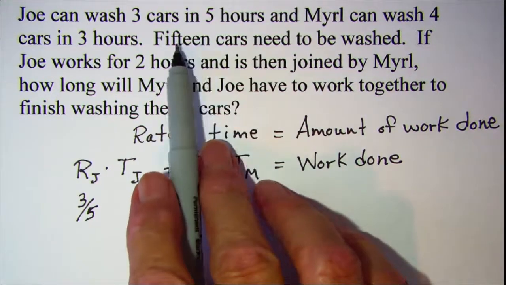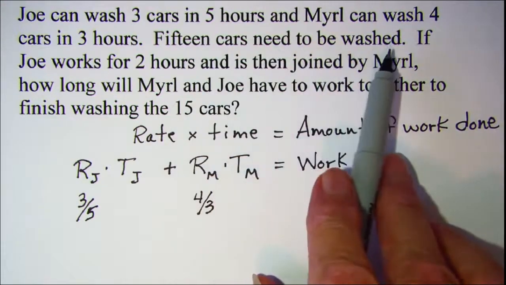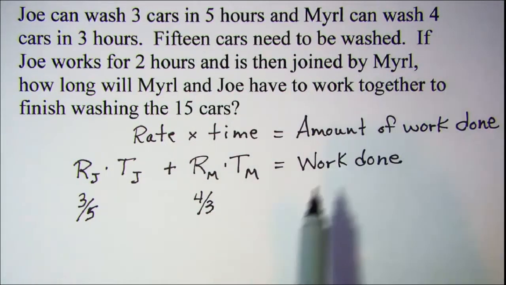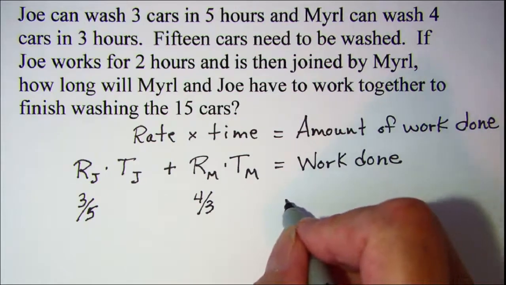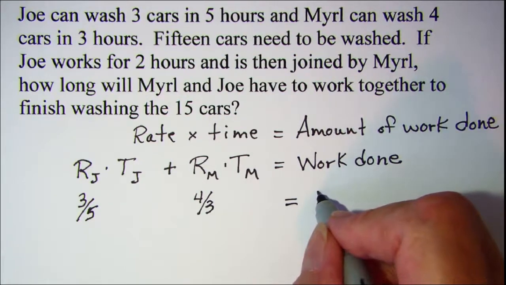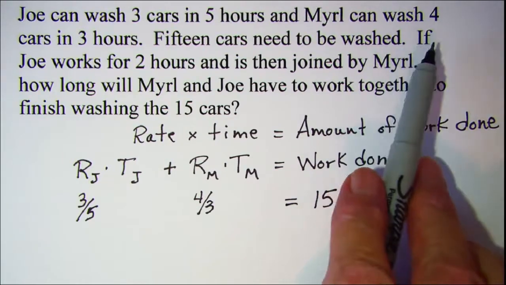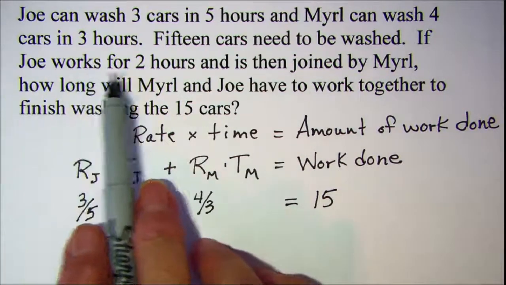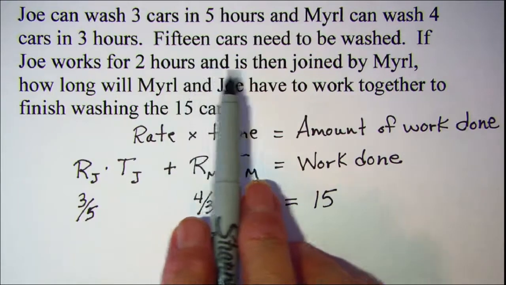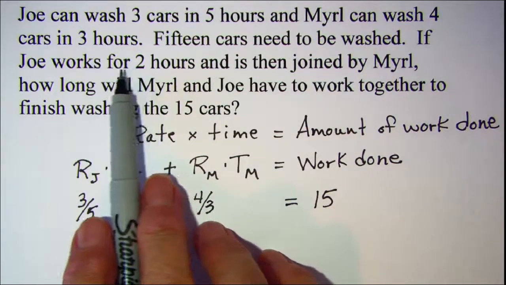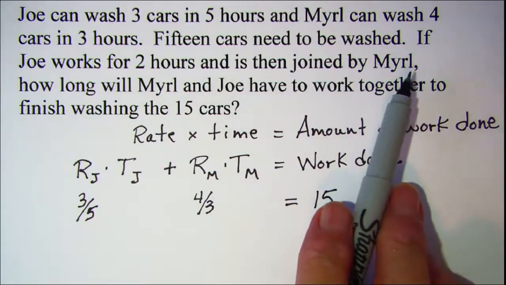Right? We have 15 cars that need to be washed. This is the total amount of work that needs to be done. So that's going to go over on the right side of the equation, 15 cars. And then if Joe works for 2 hours and then is joined by Merle, so Joe is working 2 hours longer than Merle is working.